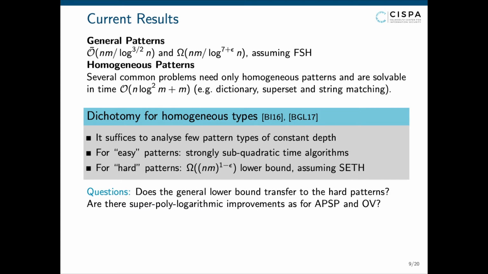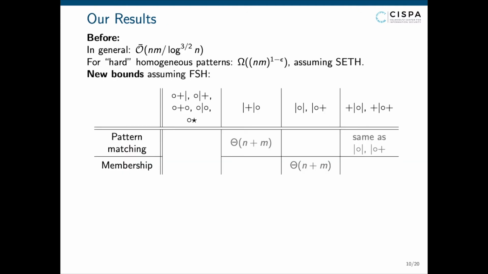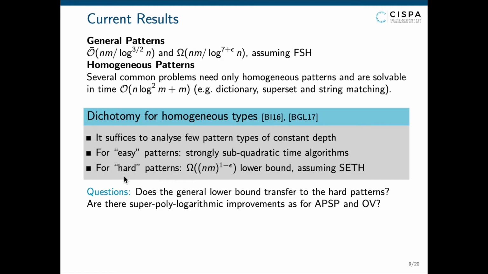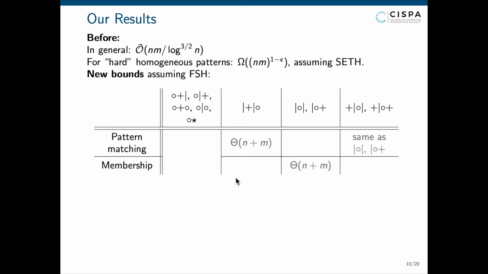This is exactly the question I addressed in this paper, and the result can be seen here. There's a classification of the different pattern types one has to consider: the hard pattern types, not allowing polynomial time improvement, which can be classified into these four categories.